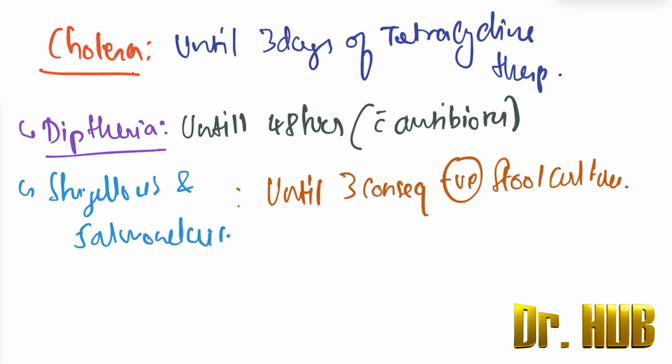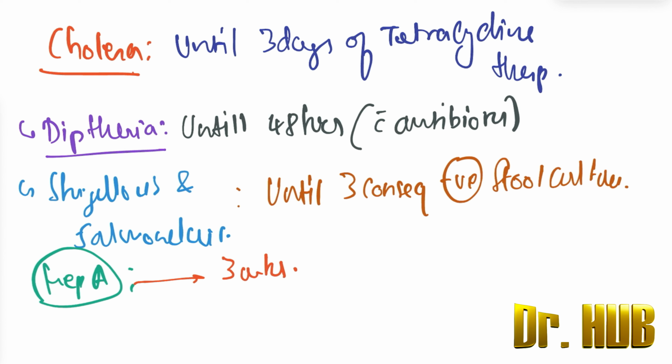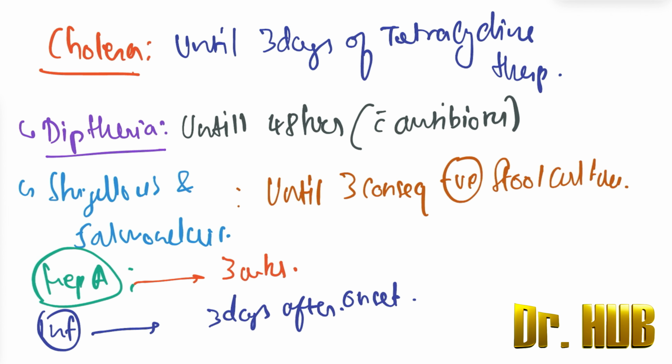Then let's look at hepatitis A. Hepatitis A is going to be 3 weeks. Next is influenza. The duration of isolation is 3 days after the onset.